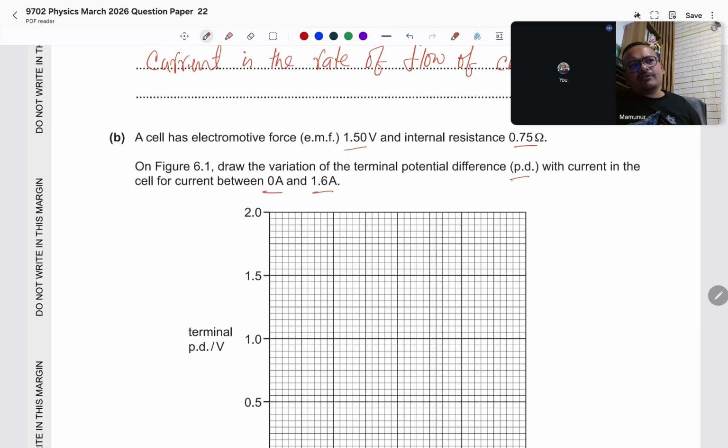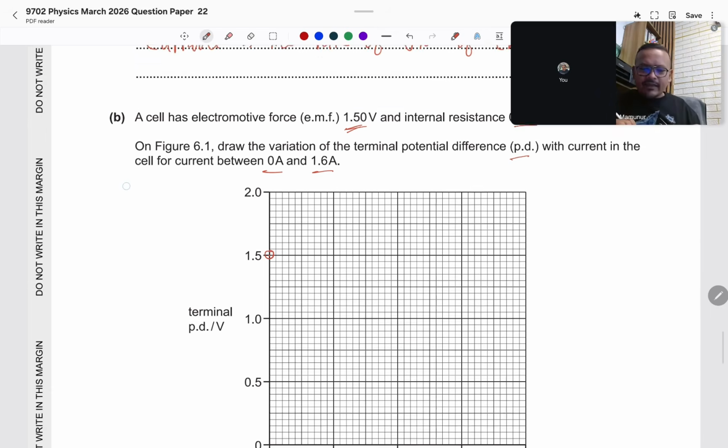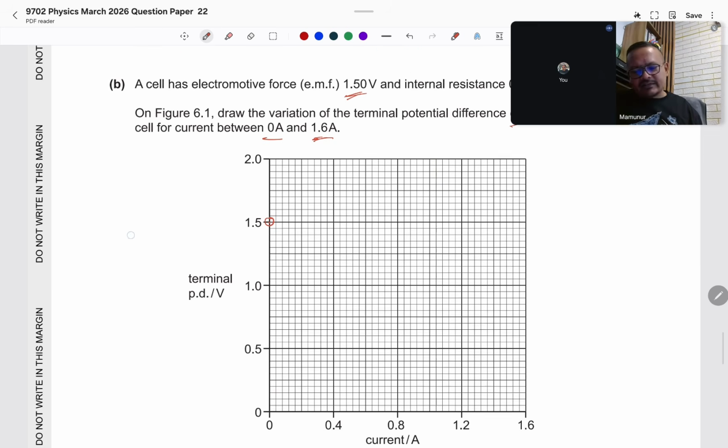0 ampere means the switch is open, no current is passing. So EMF will be equal to the terminal PD. EMF is 1.50, so we are getting terminal PD here 1.5. Then calculate the terminal PD when the current is 1.6. First of all, calculate the lost volt. V equals IR.